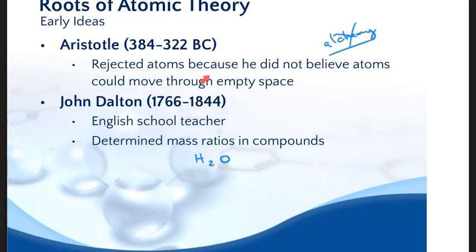And if what Aristotle was saying was true, that matter was just all one giant continuous blob, it really shouldn't matter what the formula for this is, because it should just combine in whatever I make it combine with, not a specific ratio.